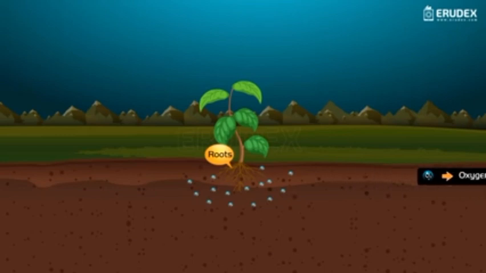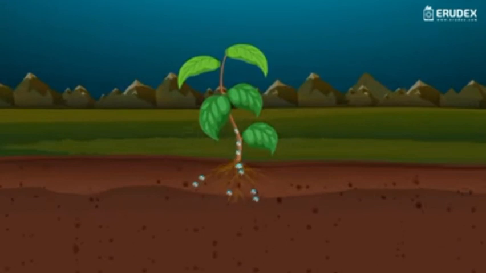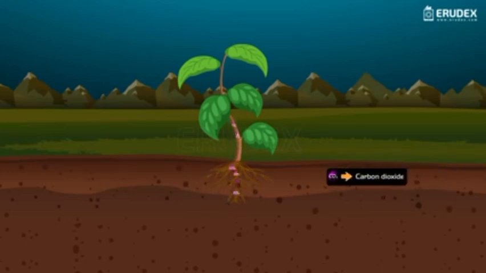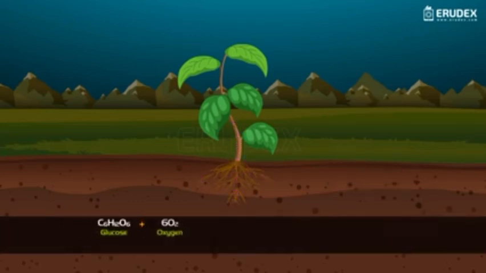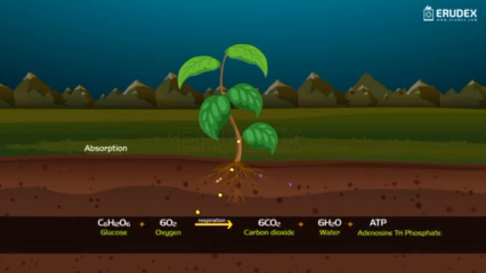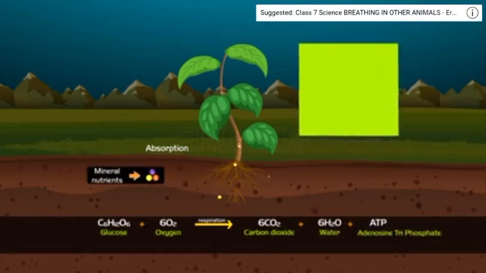Now, oxygen present in the small spaces between the soil particles diffuses into the root and carbon dioxide diffuses into the soil. The energy released during the process of respiration is utilized for different processes like absorption and transportation of water and mineral nutrients from the soil into the plants.